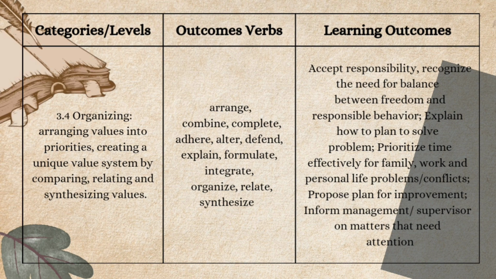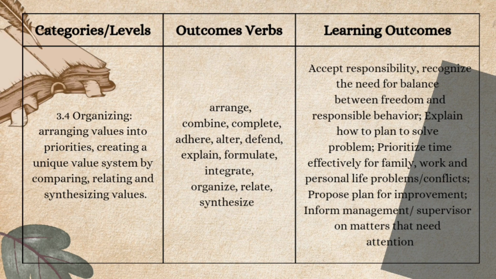Organizing. Organizing is arranging values into priorities, creating a unique value system by comparing, relating, and synthesizing ideas or values. The outcome verbs will be arrange, combine, complete, adhere, alter, defend, explain, formulate, integrate, organize, relate, and synthesize.